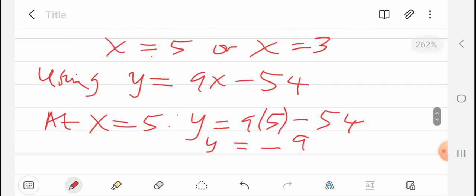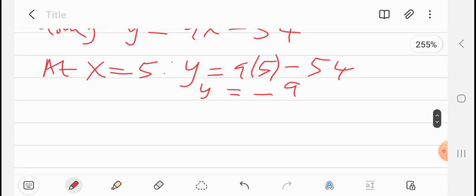So we have the point where x is 5 and y is minus 9.